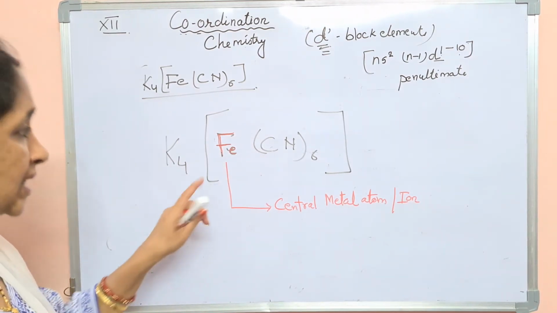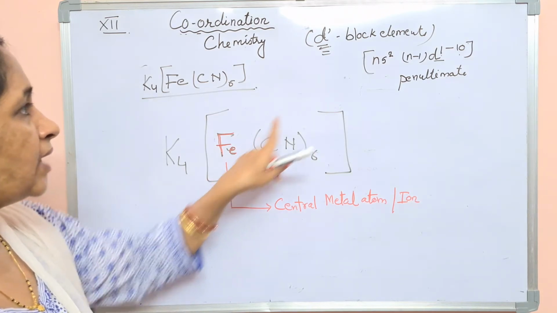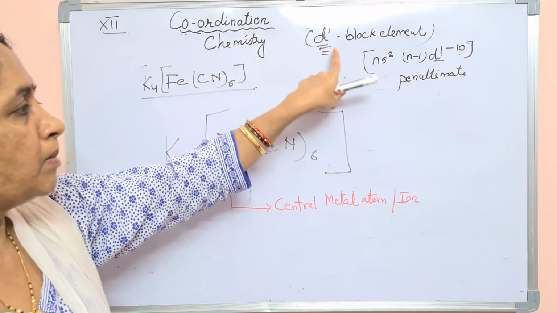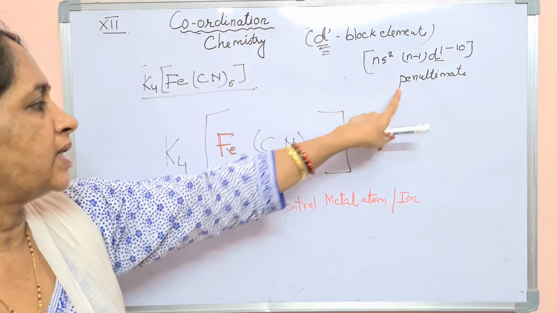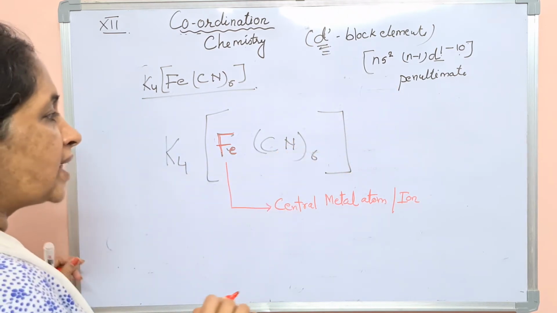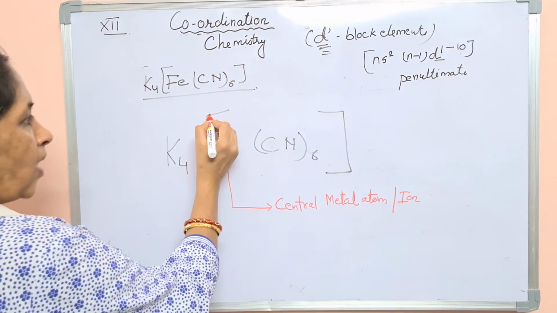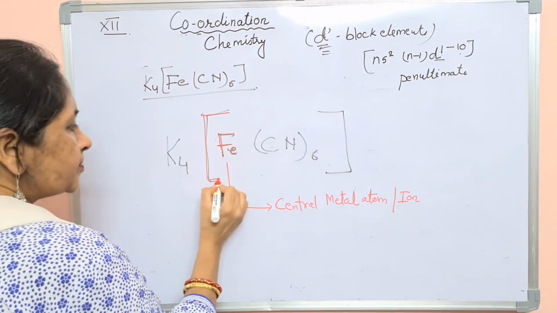And mostly these metals are from D block elements because they have the penultimate shell empty or not completely filled. Now, this is the square bracket.